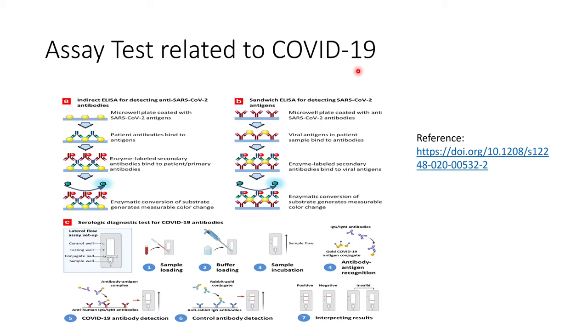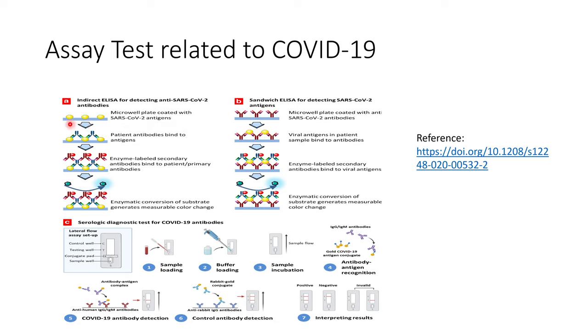Here are some of the assays that are related to COVID-19. The first one is to detect whether anti-SARS-CoV-2 antibodies are present within a patient or not, and this is known as the indirect ELISA test. In it, first a microbial plate is coated with an antigen specific to antibodies against SARS-CoV-2.